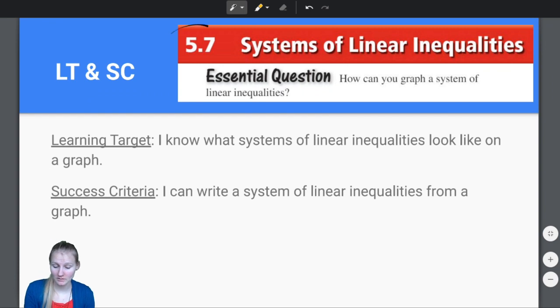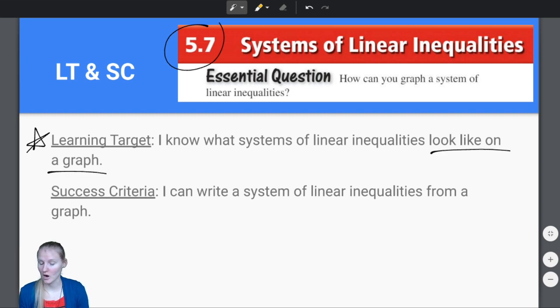All right, let's move on to our learning target and success criteria for today. We're finishing section 5.7 and actually finishing chapter 5 today with a learning target of, I know what systems of linear inequalities look like on a graph. Now, you may already know this, that's okay, but we're aiming to solidify our learning about what systems of linear inequalities look like on a graph.